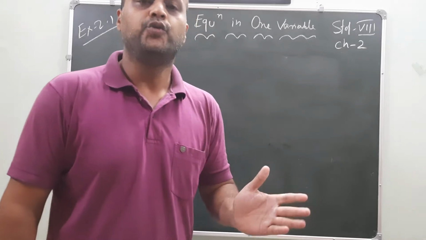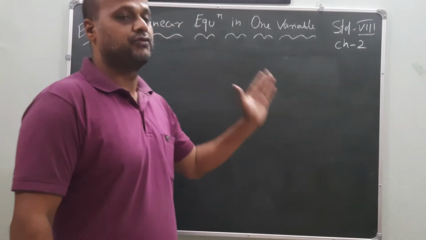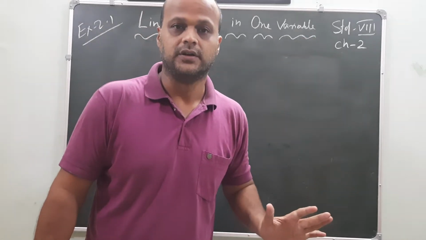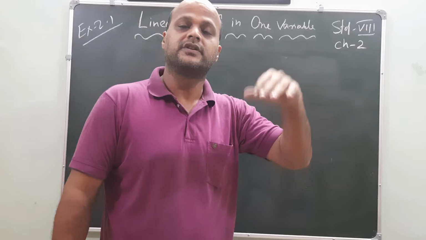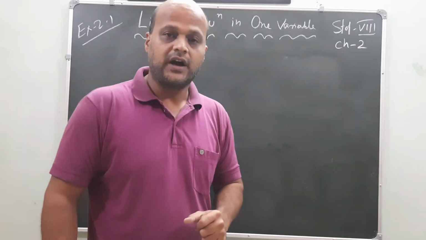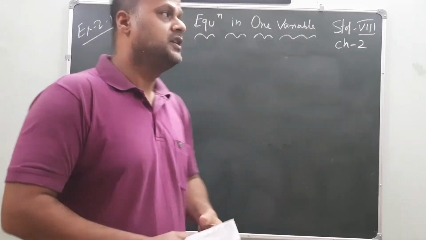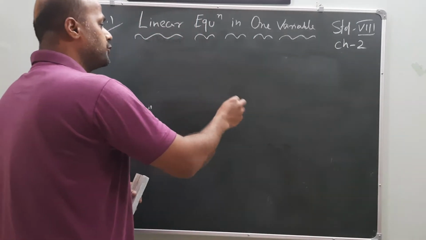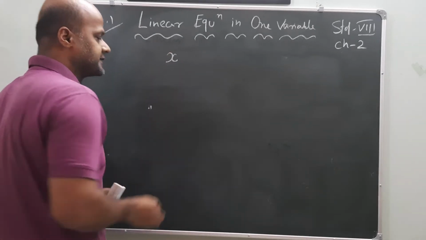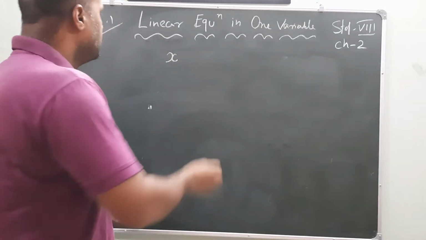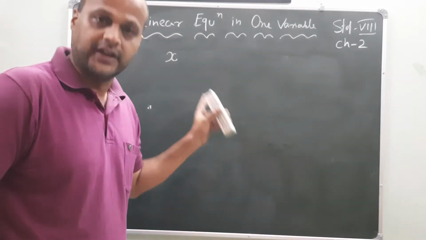Before that we have to remember what a linear equation in one variable is. In previous classes we have studied what an equation is. Before going to equation, if I write x, this is called a variable.